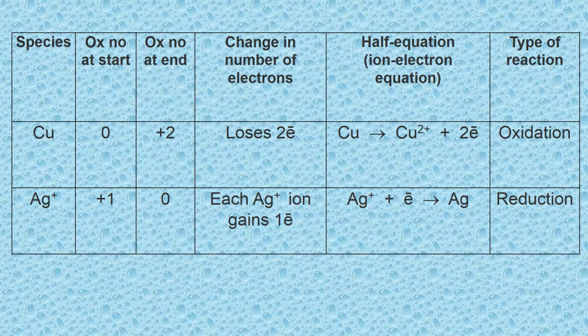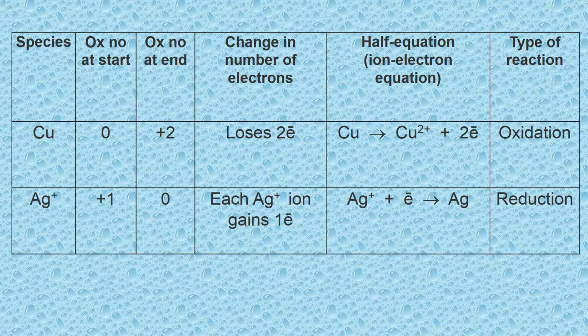Again, the same reaction without visuals this time, just trying to explain this using oxidation number at the start and oxidation number at the end, which chemical was oxidized, and which one was reduced. So we look at copper. Oxidation number at the start was 0 because copper is in its elemental state and the oxidation number of any element is 0.